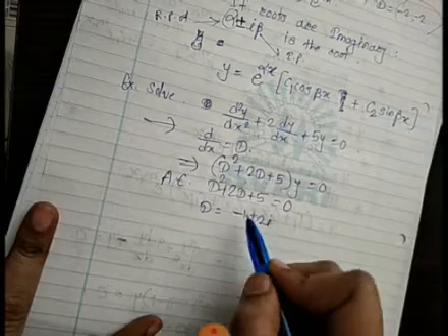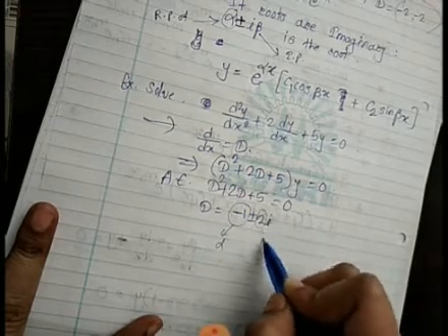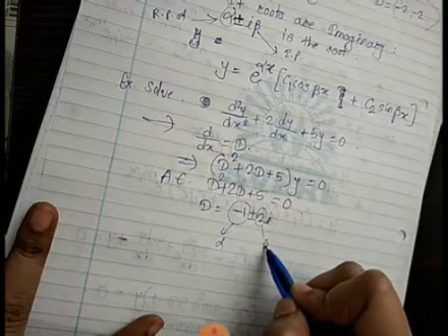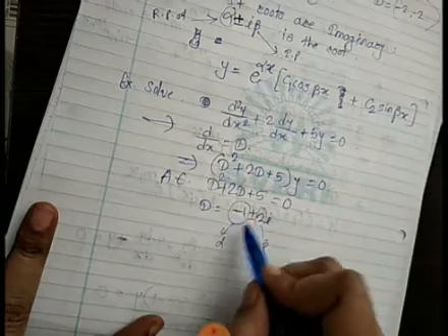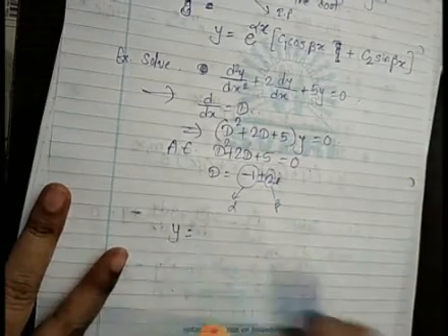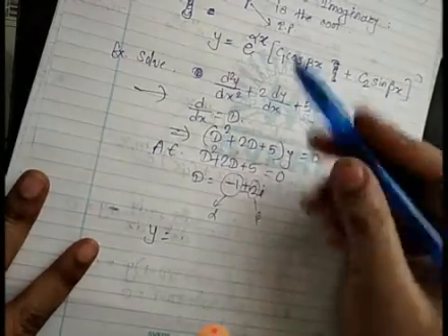And what is the real part? That is alpha. And the part with i is called the imaginary part, we call it beta. The rest is real, that is called alpha.